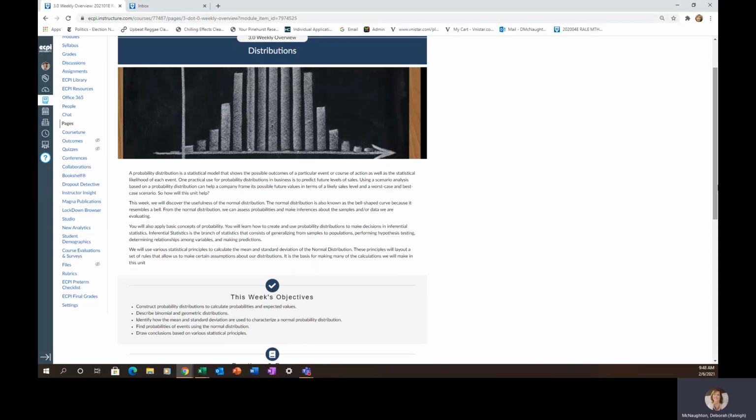One practical use for probability distributions in business is to predict future levels of sales. You guys use them in cybersecurity. You might want to predict future attacks. In criminal justice, you might want to predict future crime or whether crime is going up or down.